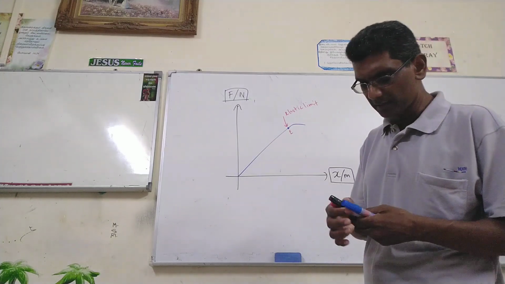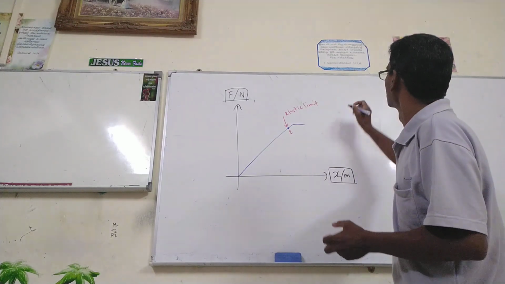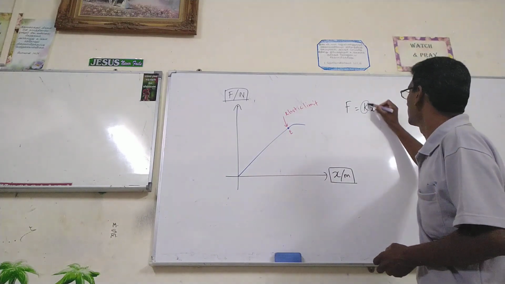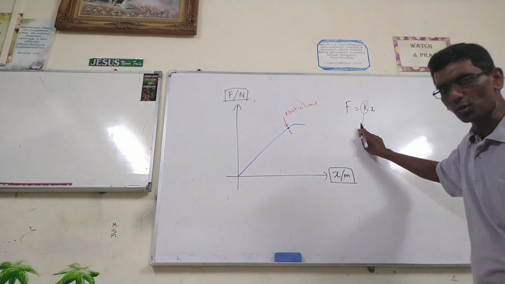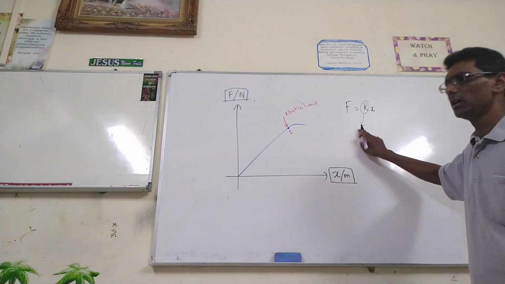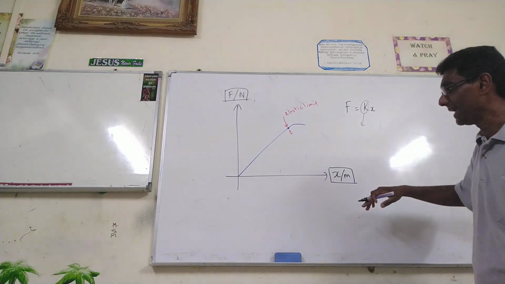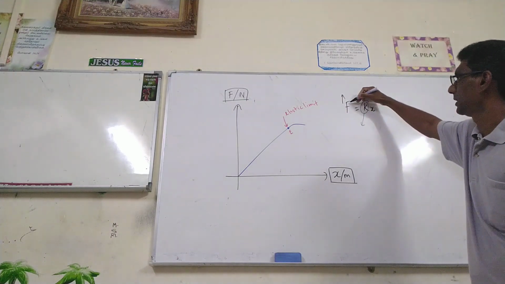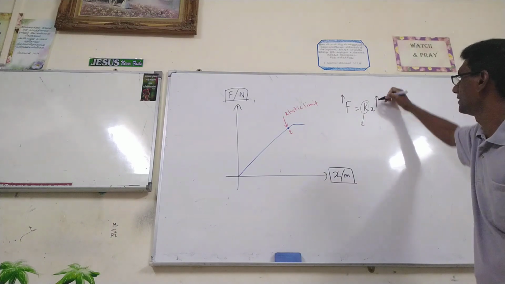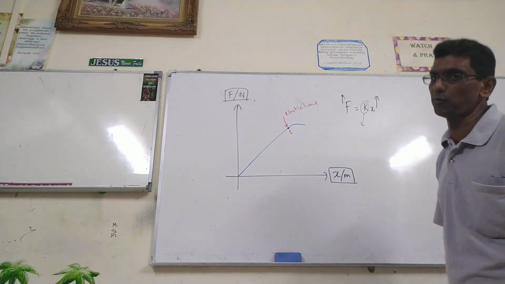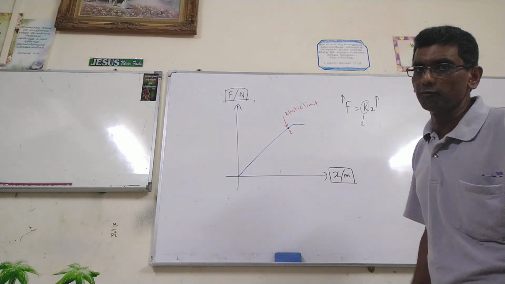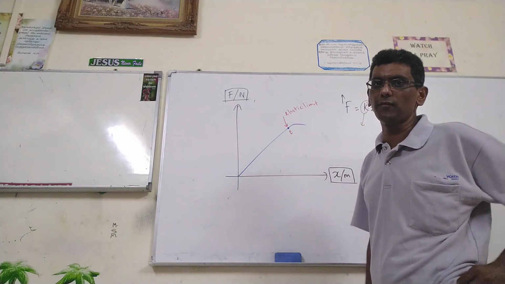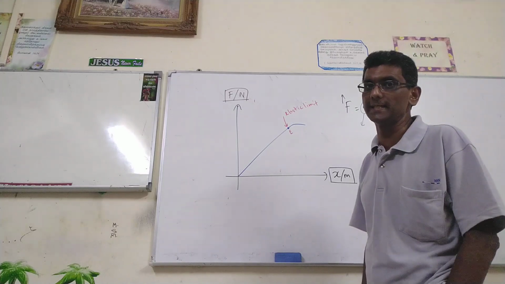The formula is F equals to Kx, where K means force constant, spring constant, stiffness of spring. In this case, stiffness of spring increases. When force increases, extension increases. F equals to Kx is the Hooke's law formula.